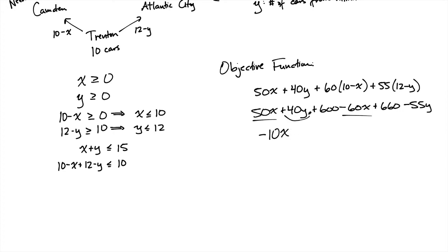And combining our y terms, we have a negative 15y. And then we've got our constant terms, 600 plus 660, that's 1260. So this here is our cost function. And that is what we're trying to minimize. Okay, and it's subject to these 6 constraints.